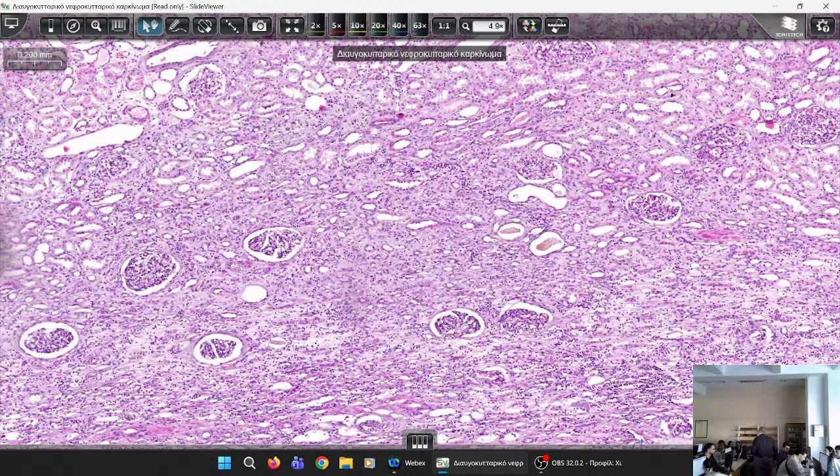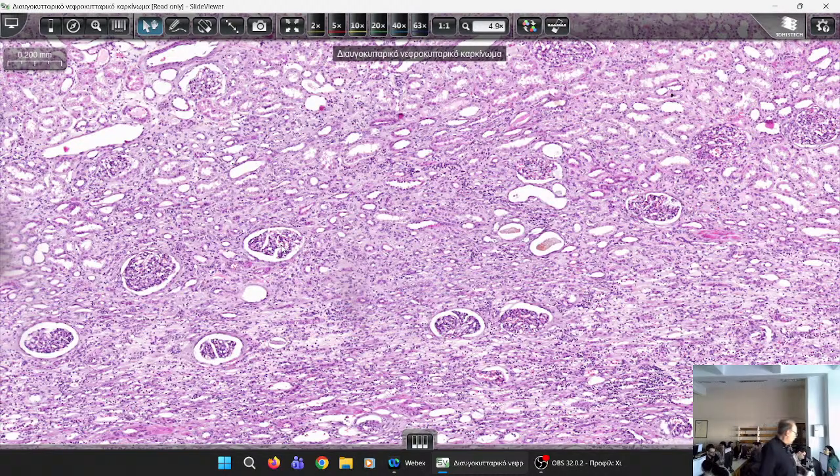Please identify the normal structures because we have to revise histology as well. What do you see here? What are the normal structures here in the tumor adjacent parenchyma? What structures are these? The glomeruli. All right. The other ones? The tubules. It's that simple.